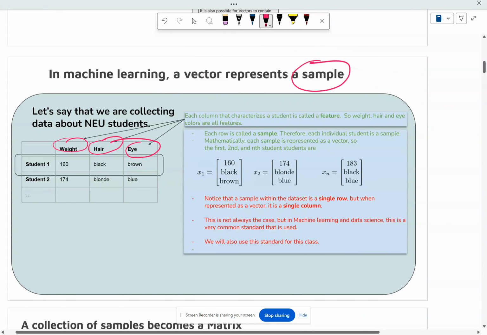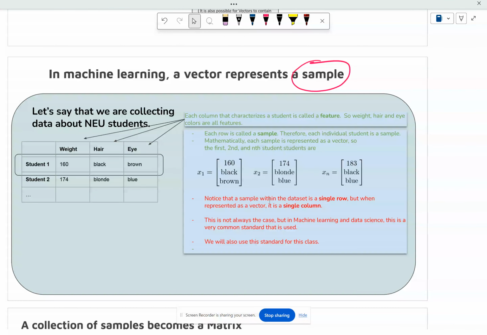A single sample may have multiple features. So for student one, for example, we may be capturing the weight, hair color, and eye color. And what we do is we set this as a single vector. For student one, it will be 160, black and brown. And for student two, it will be 174, blonde and blue.